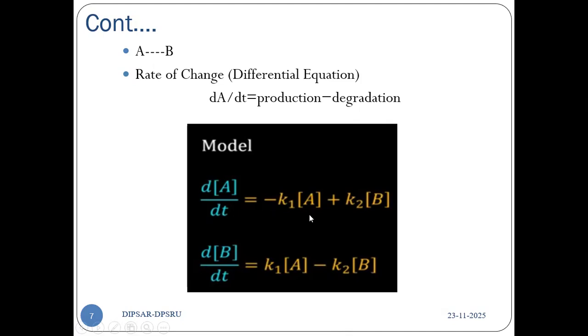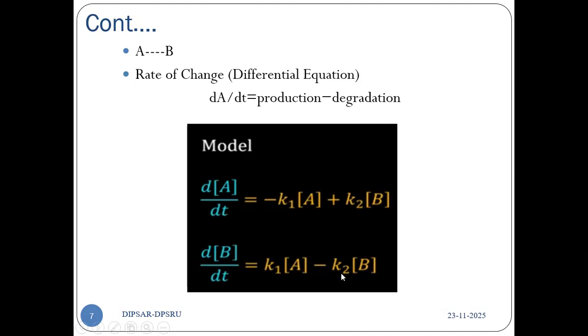Plus K2 B, this is a constant and this is B, right? As I said, in a biological network the things can go in both directions as well. A can activate B, and B can also go in the backward direction. So if B is converting into A, then your rate of change will be dB by dt is equal to K1 A, but in this case the negative sign goes on this term, minus K2 B. And why is the negative here instead of there?